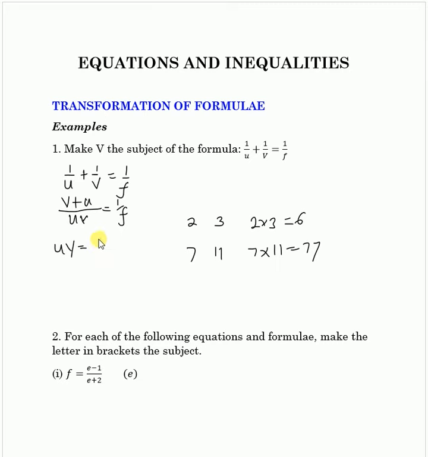This is f into v plus u, such that uv is equal to, we open the brackets here, we shall have fv plus fu. Because we want to make v the subject, to have v remain on its own side, we are going to take this fv to the left hand side, and we have uv minus fv, that is not minus fu, it is minus fv, equal to.